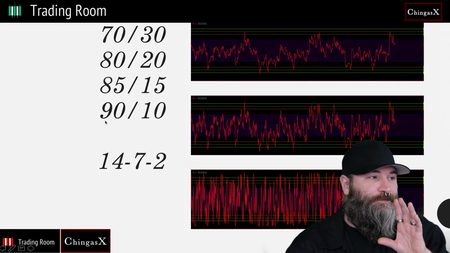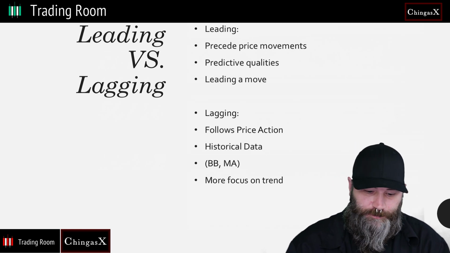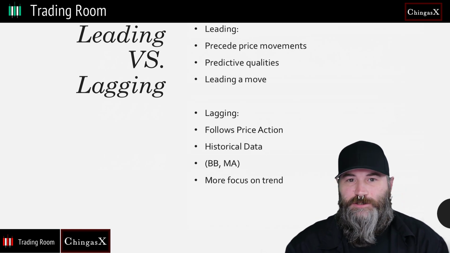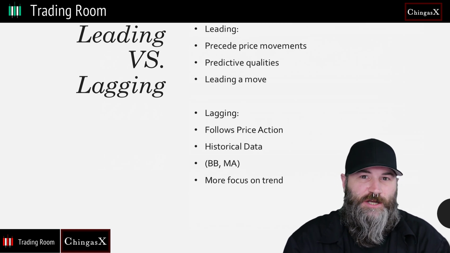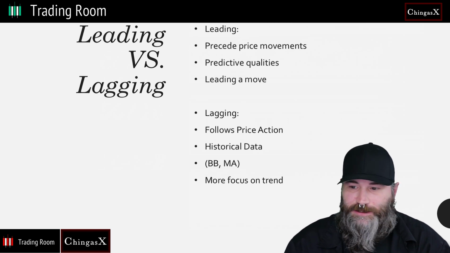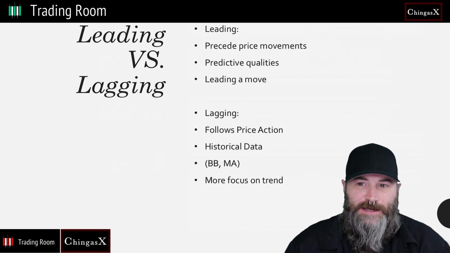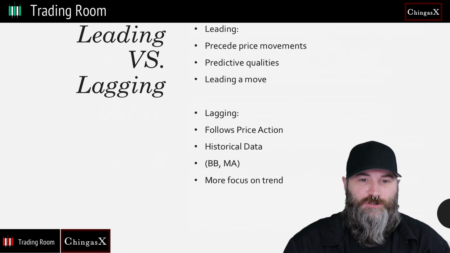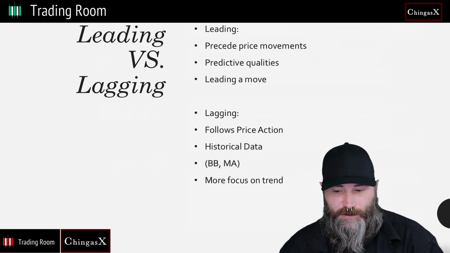Let's talk about leading versus lagging indicators. A leading indicator, such as the RSI, precedes price movements. It has predictive qualities. It's leading the move. It's giving you the idea that something is in a strong trend, or maybe it's about to reverse trend. It's losing strength.